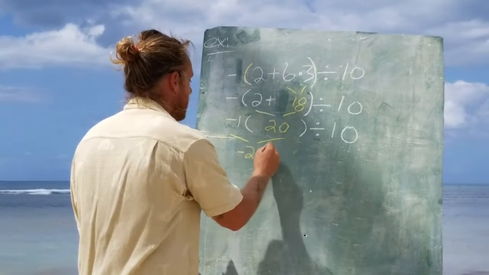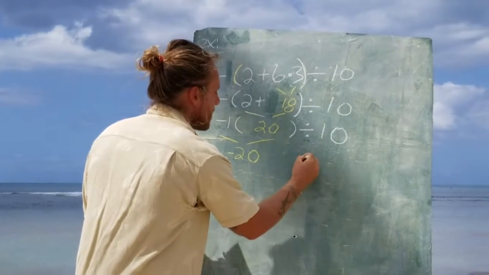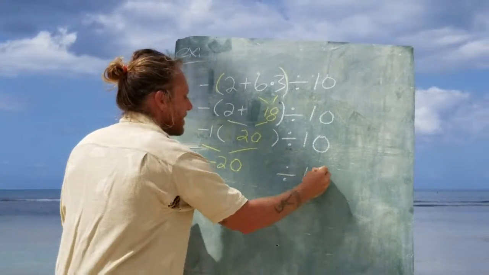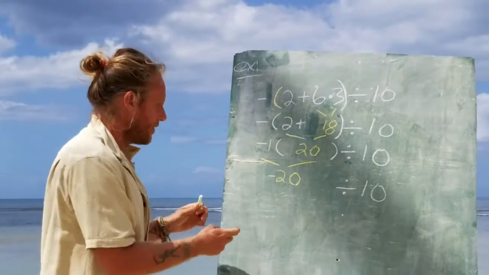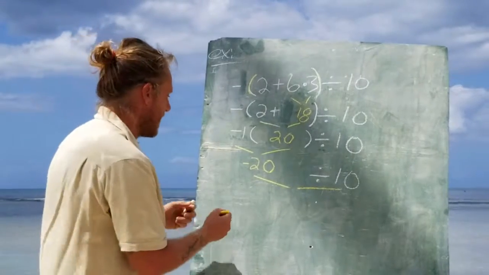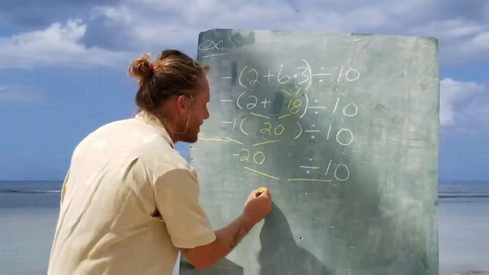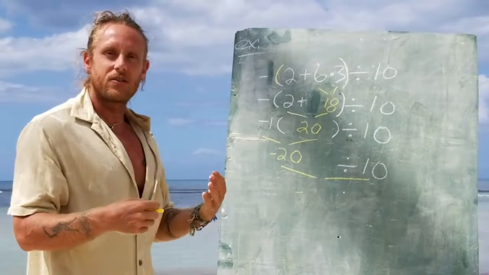Negative 20 divided by 10. All right, negative 20 divided by 10. A negative divided by a positive is a negative. And again, if it's been a while since you've gone over some of those rules, I'd encourage you to do some research on that.